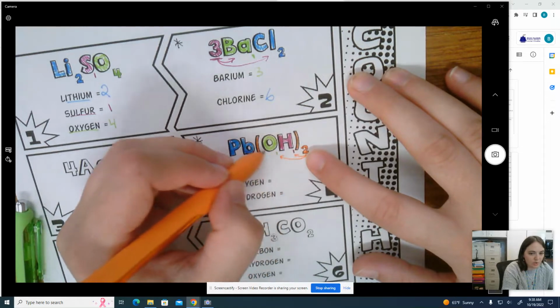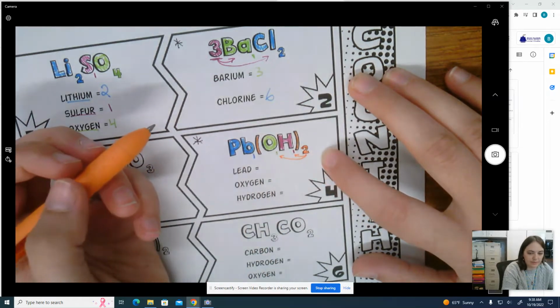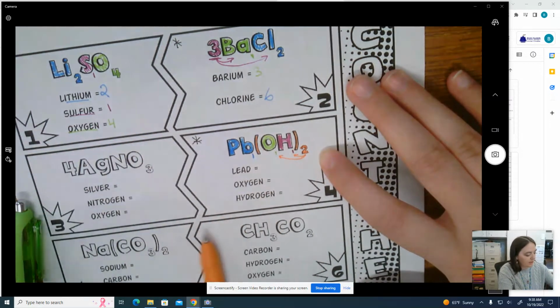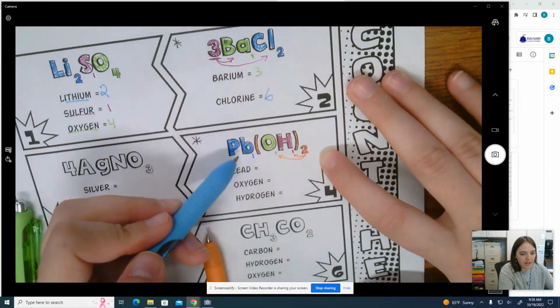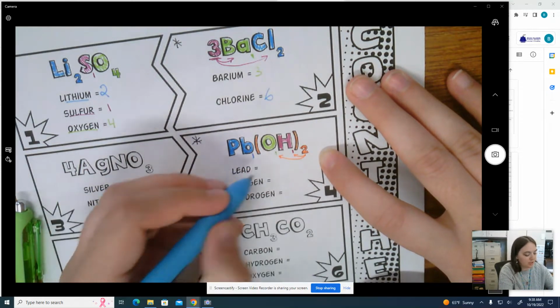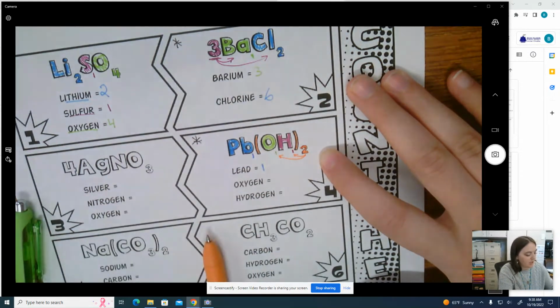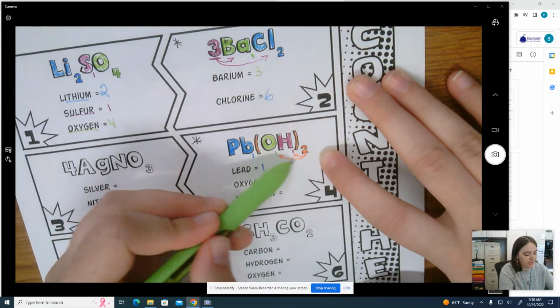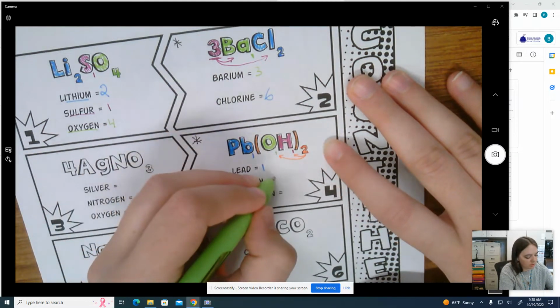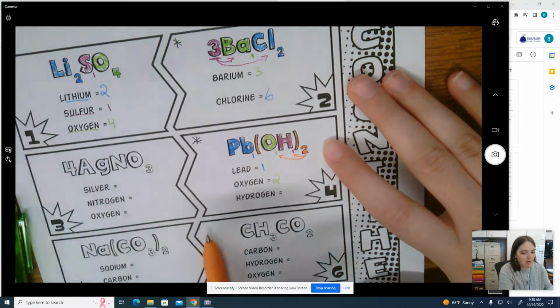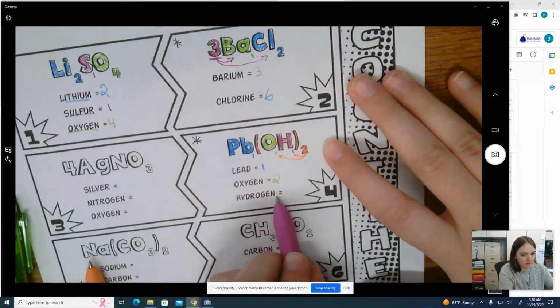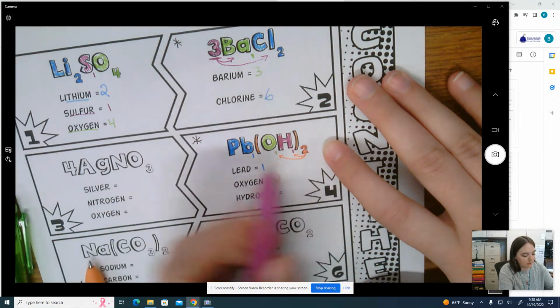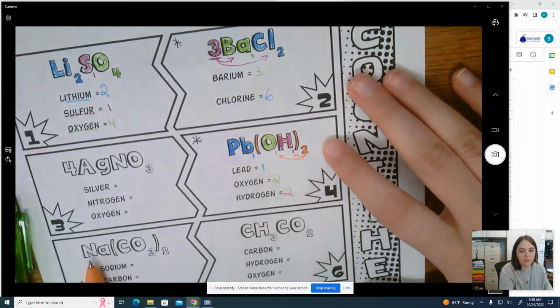So that 2 only goes to the O and the H. So for lead, we're going to have just 1 because it's not in the parentheses. And then our oxygen is 1 times 2, just 2. And our hydrogen is 1 times 2 right here, so that's 2 as well.